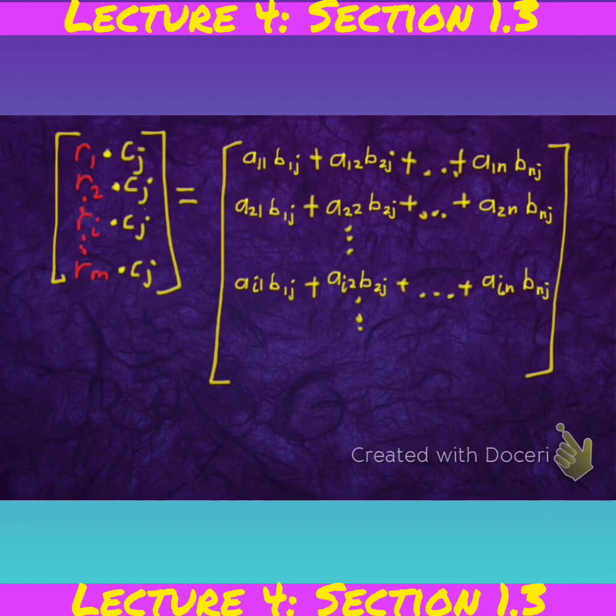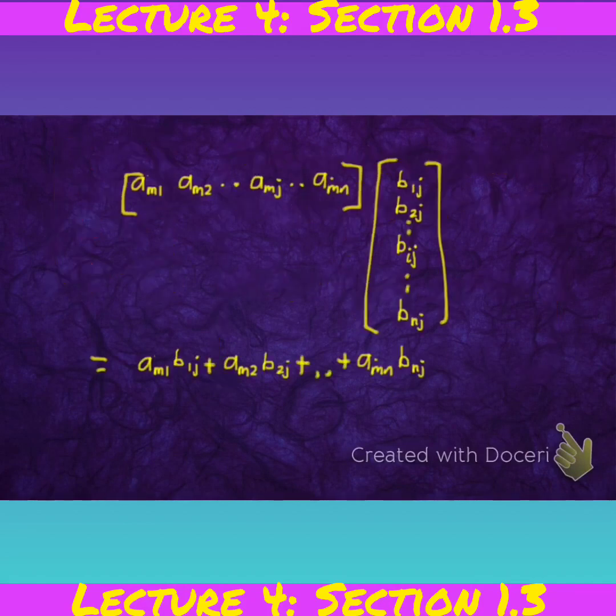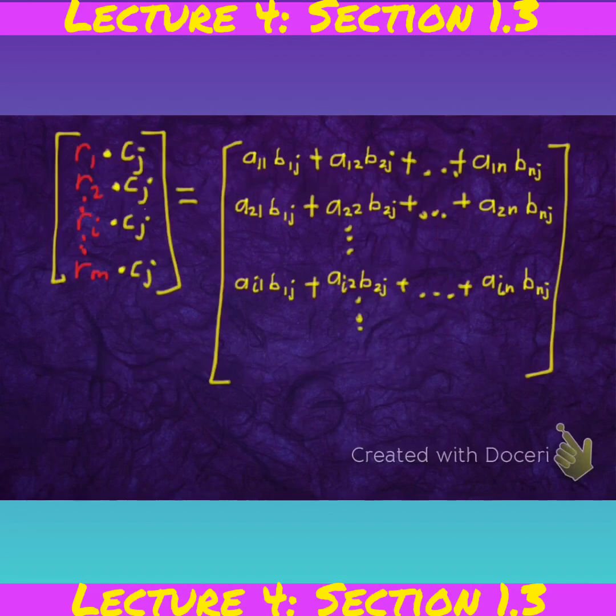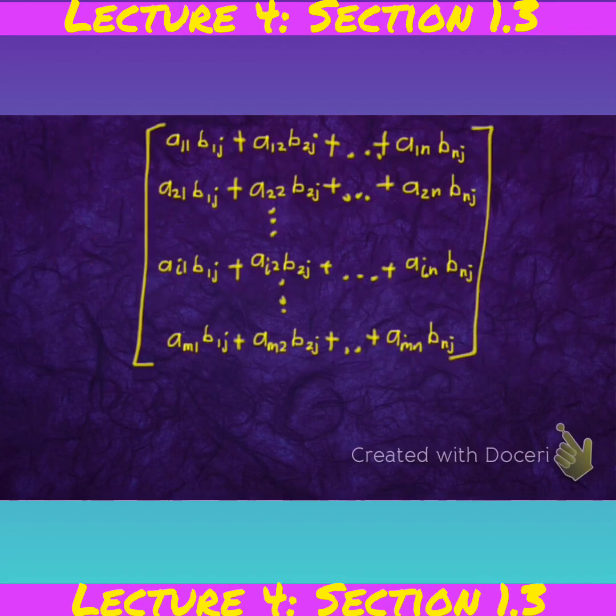And then we run through right up until the end. We take the mth row and dot it with the column Cj, which gives me that whole expression, and we plug it in there. Okay, so now I've worked out this column vector, and this is a column vector from the product A times B.